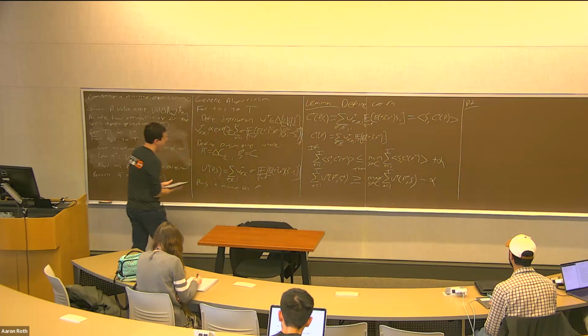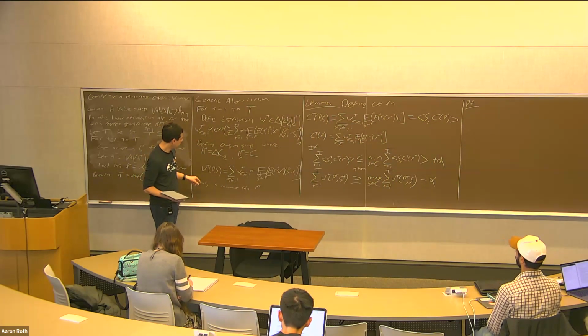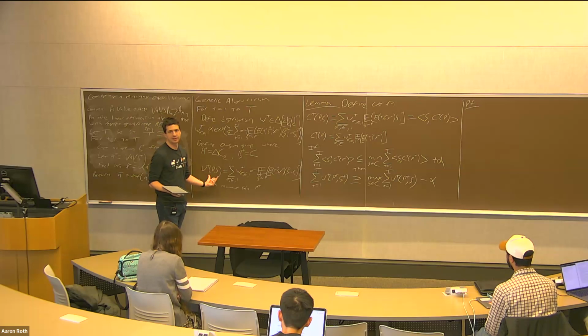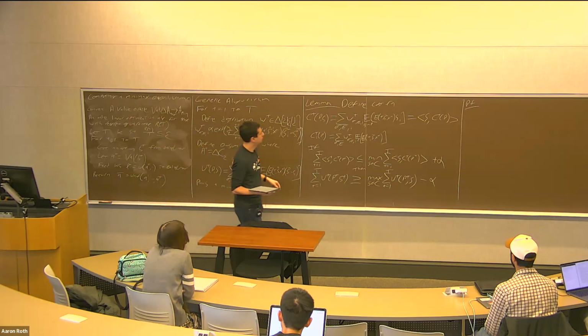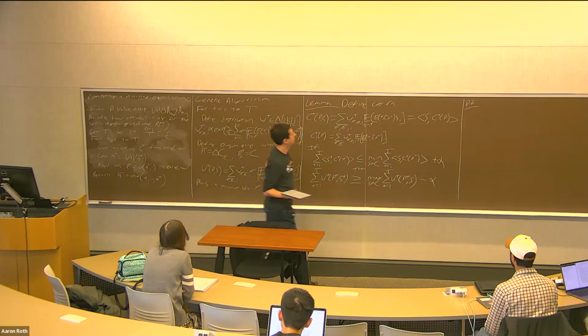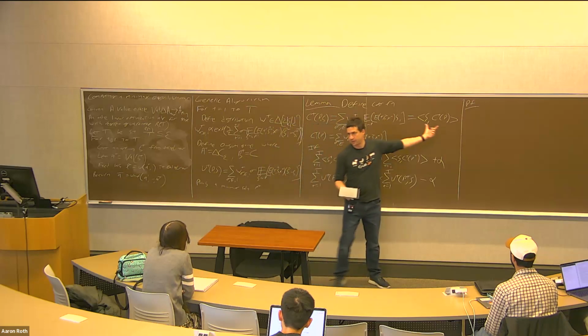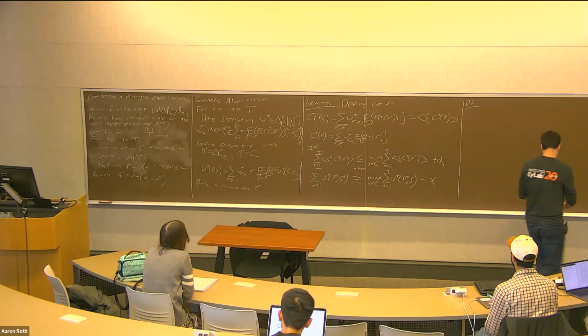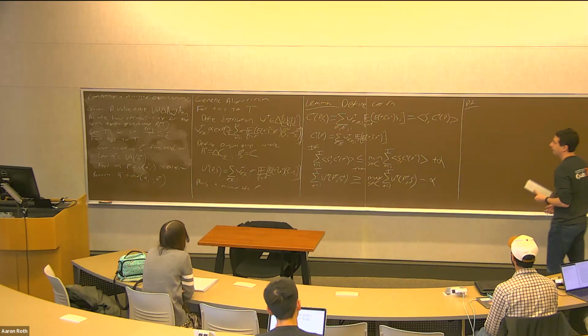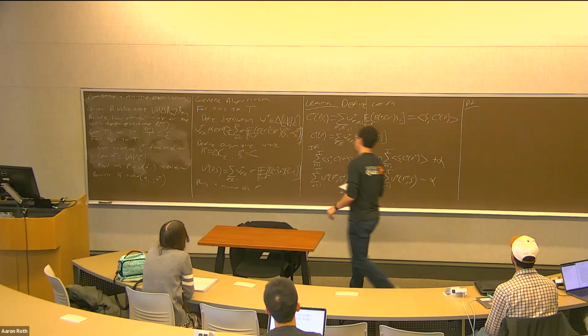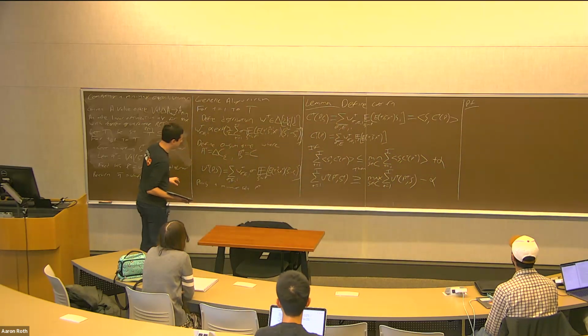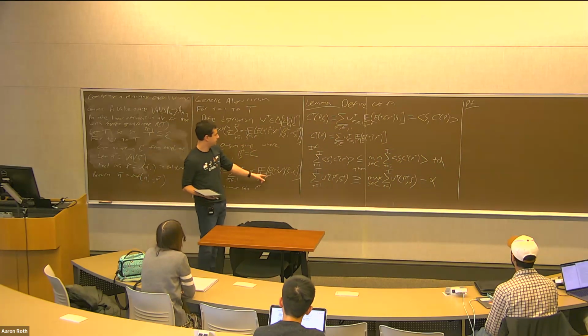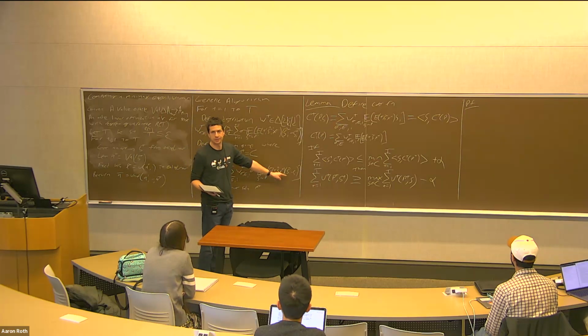All right, so how come? Well, we need to write this utility function in terms of this cost function. That's the first thing we need to do. So looking at this utility function, I want to expand this out.